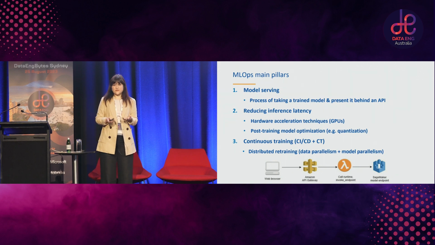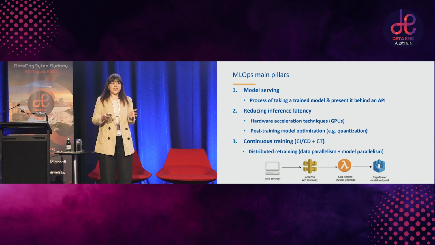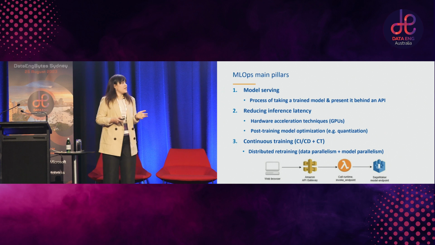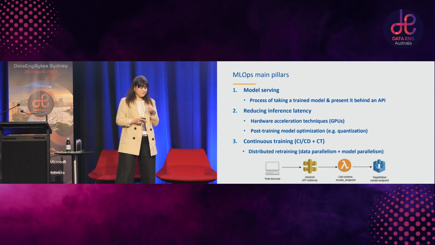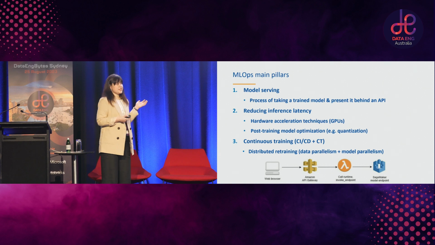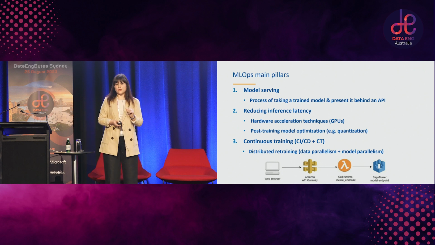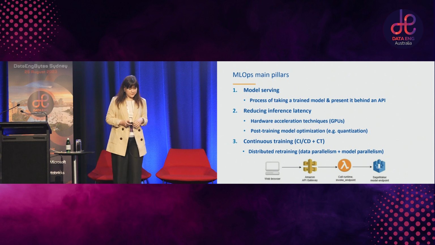We want a service with minimal response time, specific to ML. We had two categories of techniques: hardware acceleration, like using GPUs, if you can afford it, and also non-hardware techniques, like applying quantization, where you can simplify some of your calculations to reduce the inference latency.